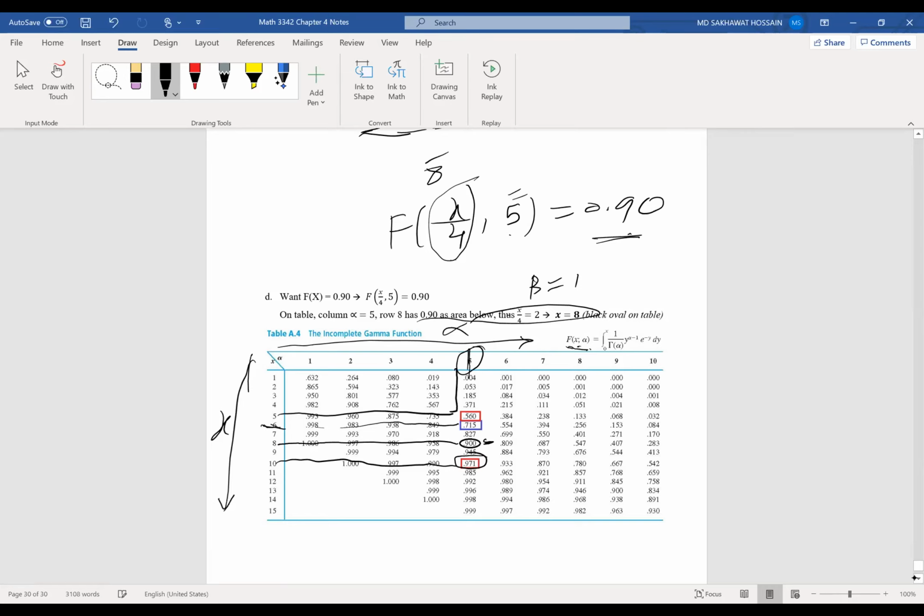And in our case, this number is x over beta, so x over 4 is equal to 8. So x will be 32. X is not actually 8 here, x will be 32. Is it clear? Any question?